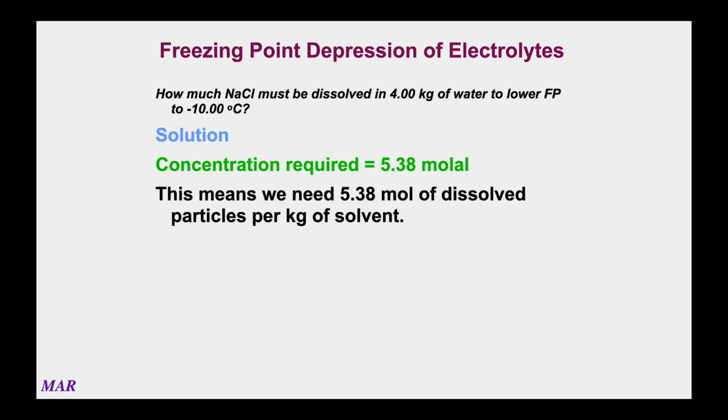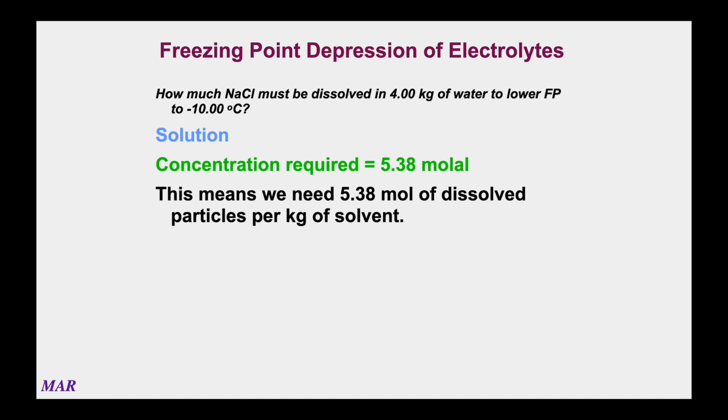However, remember that all these colligative properties depend only on the number of particles and not the type of particles. And ionic compounds, especially if they're strong electrolytes, don't stay as themselves. NaCl doesn't stay NaCl.